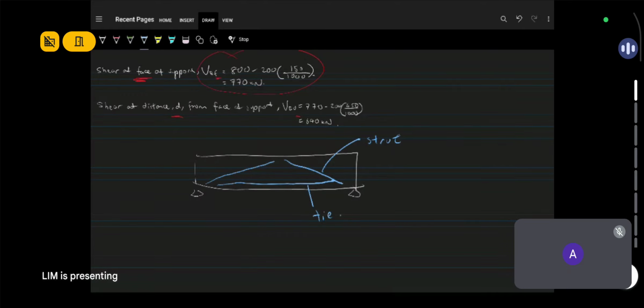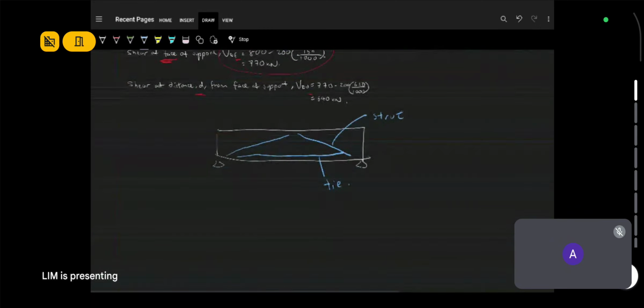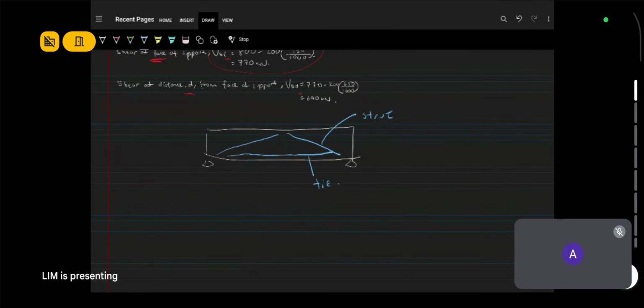So the first check you have to do is, sorry, back to this again. You have a strut and you have your tie. Now, between the strut and the tie, there's an angle theta.